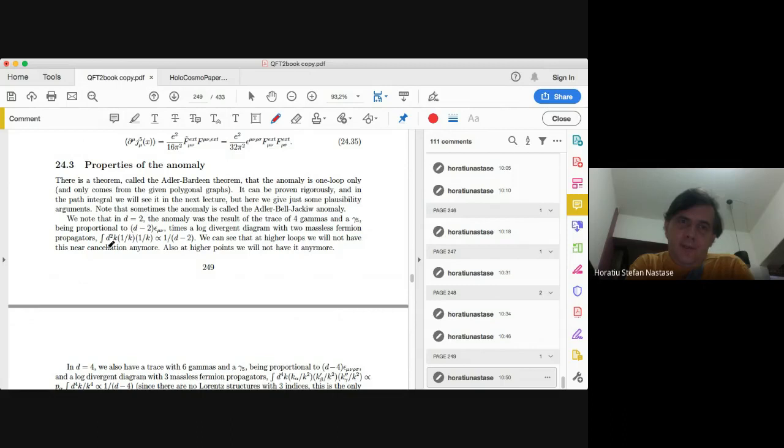If I keep the loop but put higher points, then I have more propagators. So one integration, but more propagators. Well, that doesn't work out, because then I have the integral d2k over k to a power greater than 2. So that doesn't work out.